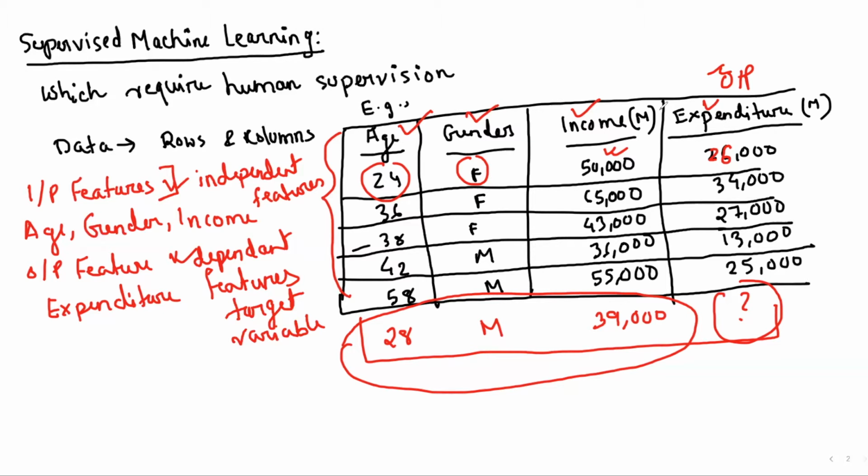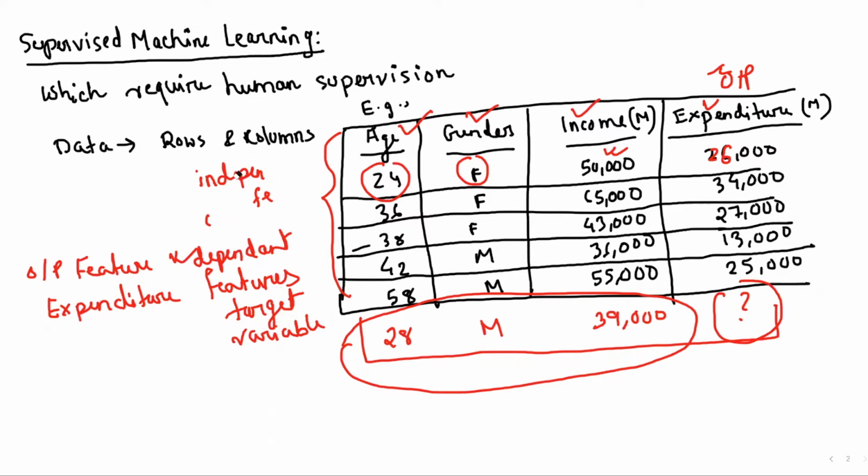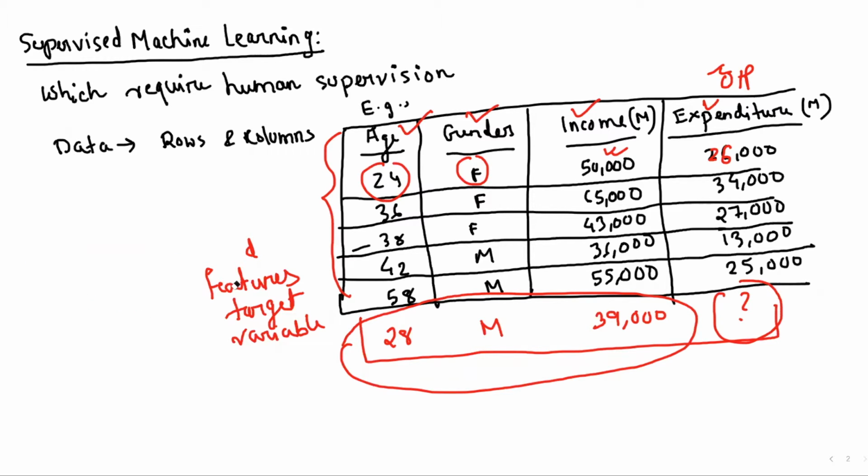Okay, let me run this, guys, so that I can start explaining what supervised machine learning actually is. Give me a moment. So in supervised machine learning, you will know the output variable.